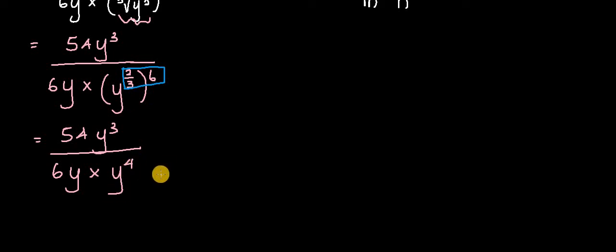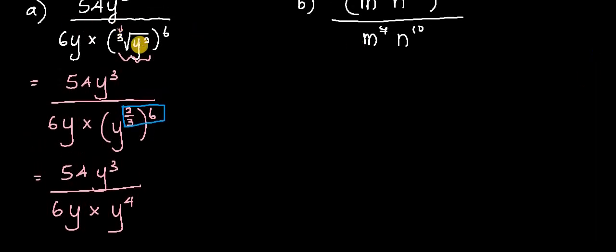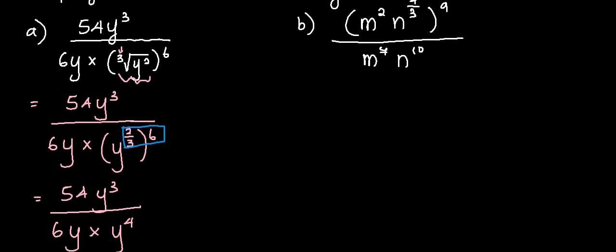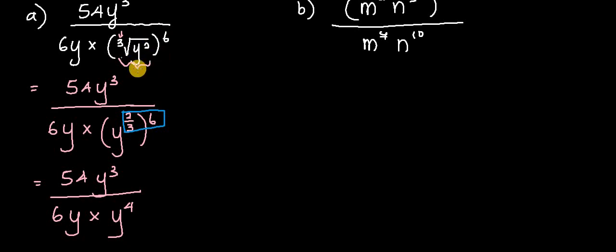Now you see it's becoming much easier compared to the first one. That is your goal when you're solving indices. Whatever you find the most complicated one, try to solve it so that you get the simplest form.